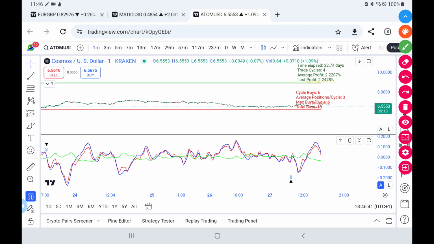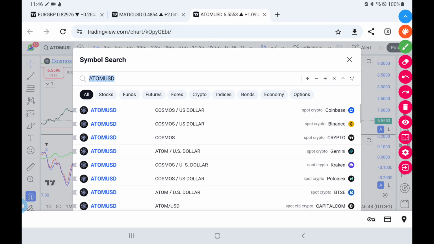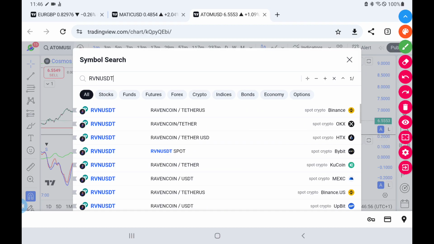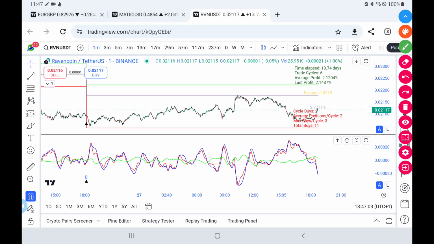So let's get straight to the asset that has always been a problem for me. No matter how I trade it, it's always caused me to lose money. Yes, we are talking about Raven, the coin that I detest the most in existence. And yet, even with Raven, compound MACD brings it under control with a maximum number of 3 positions.